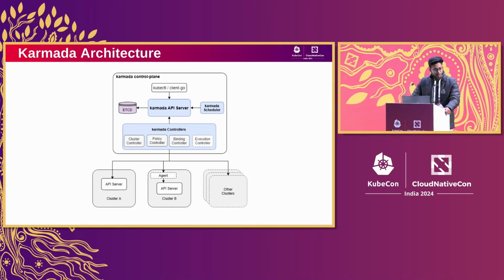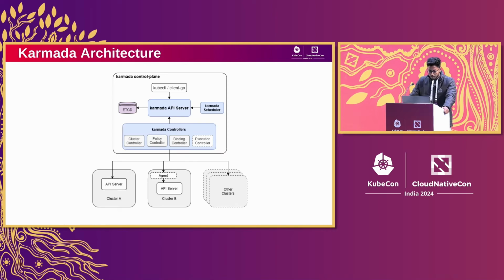The architecture pretty much resembles the Kubernetes control plane and worker node architecture, where we deploy workloads into the worker nodes using the Kubernetes control plane. And here we are using the Karmada control plane to deploy and schedule our workloads into the member clusters, your multi-cluster environment.